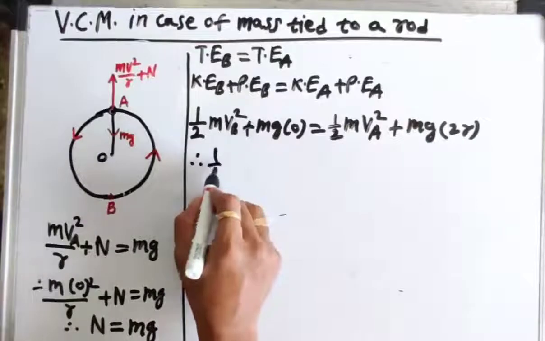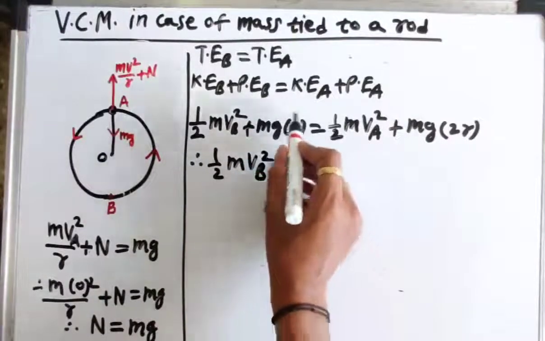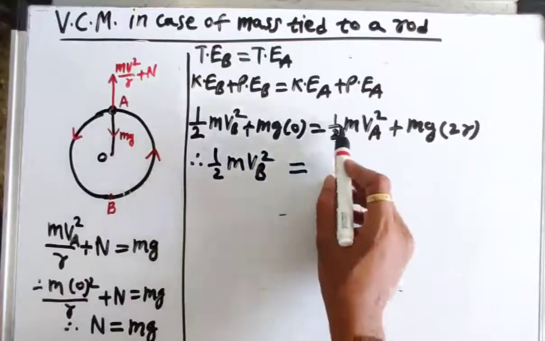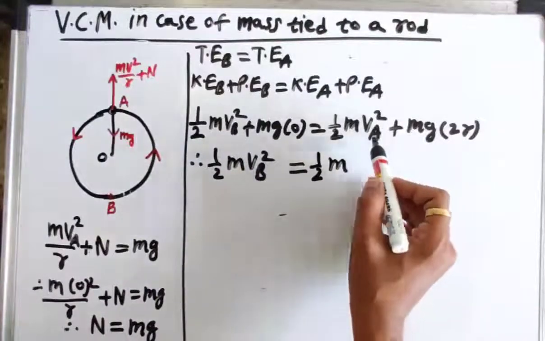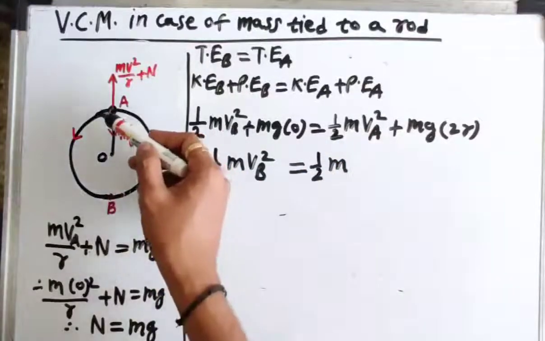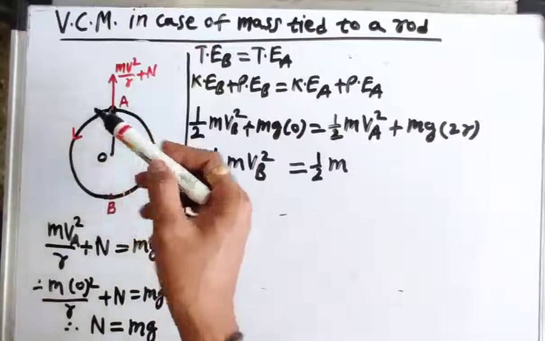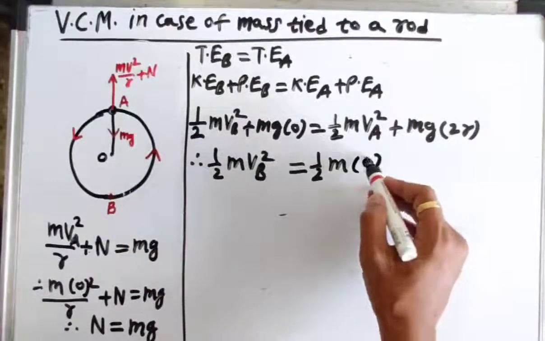Therefore we can write 1 upon 2 m vB square, plus 0, is equal to 1 upon 2 m vA square plus 2mgr. For finding the minimum velocity at the lowest position B, we take vA, the velocity at the highest position, as 0.